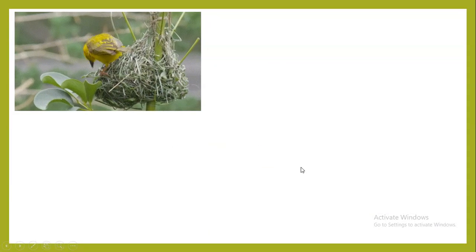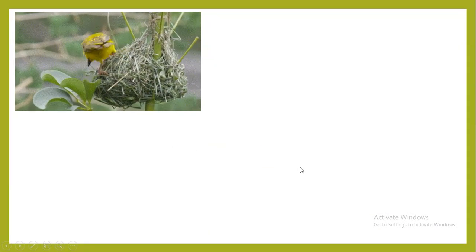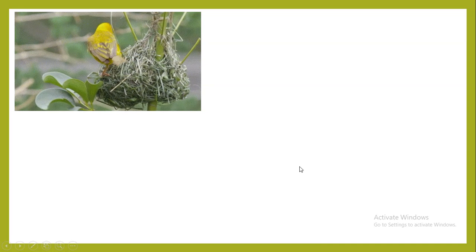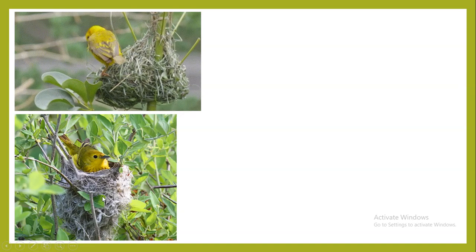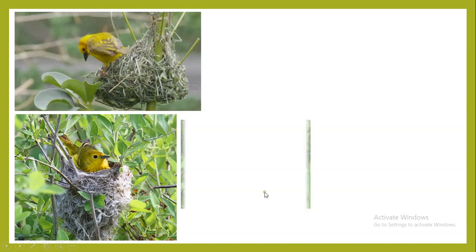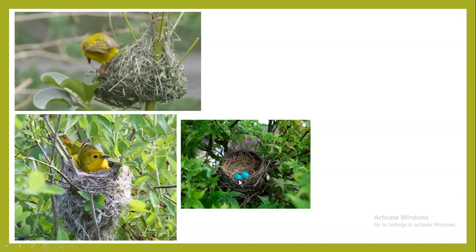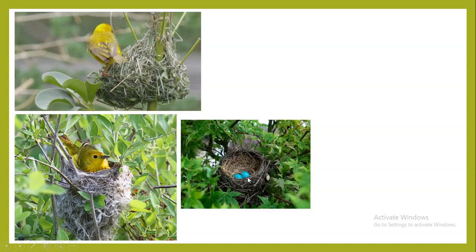What about this bird? What is it doing? It's building a nest. This is a nest. Now he finished. In this picture, he finished building the nest. See? It put its eggs in it.